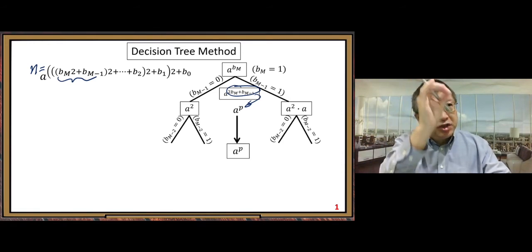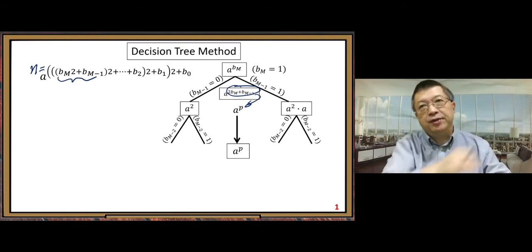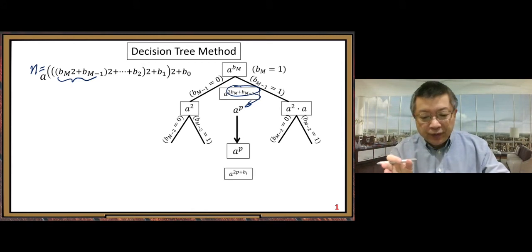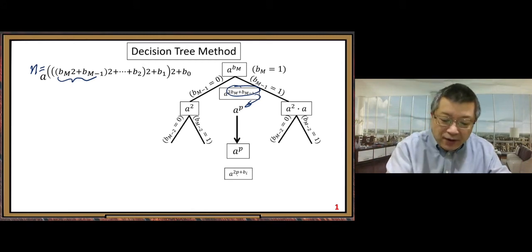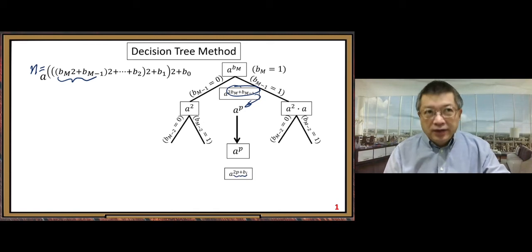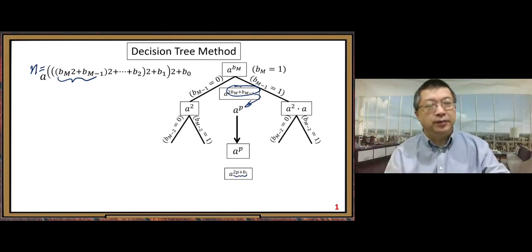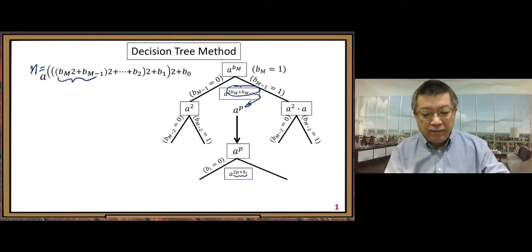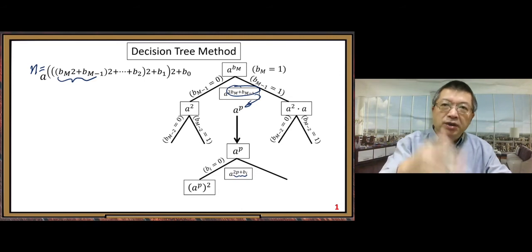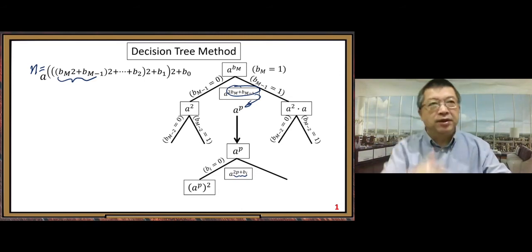Suppose we start with a to the pth power. Then when we go to the next level, suppose we want to evaluate a to the 2p plus b sub little i, still based on Horner's rule. Two possibilities for b sub i. The first one, b_i equals 0. Second one, b_i equals 1. For the first case, we do the square operation on a to the pth power.